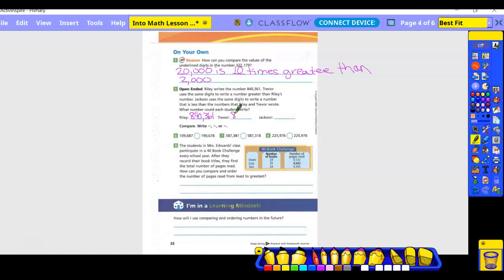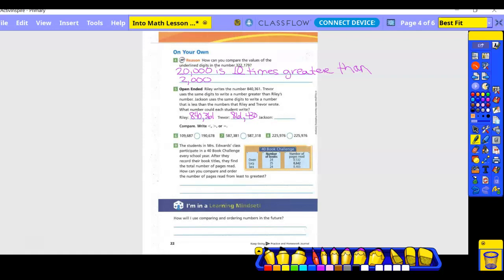Which numbers in Riley's would be bigger than a 4? There's only one choice, 6. And then what can we write now? 1. So I use the 8, the 6, and the 1. Can I have 430? Yes. So 861,430. Is that still larger than Riley? Yes, because the 10,000s is larger.